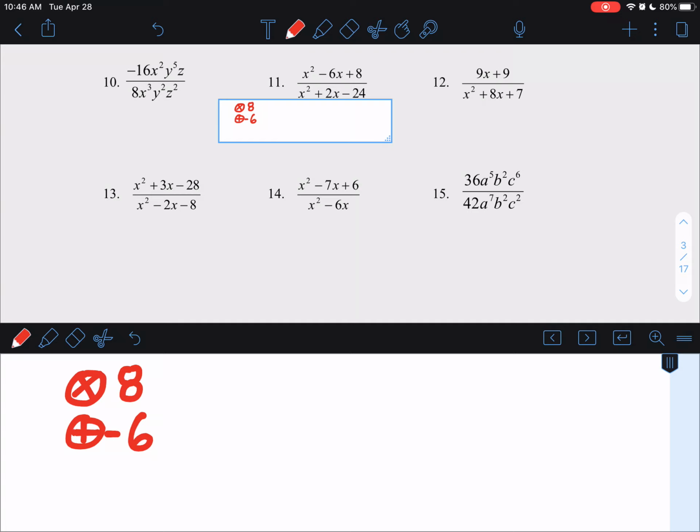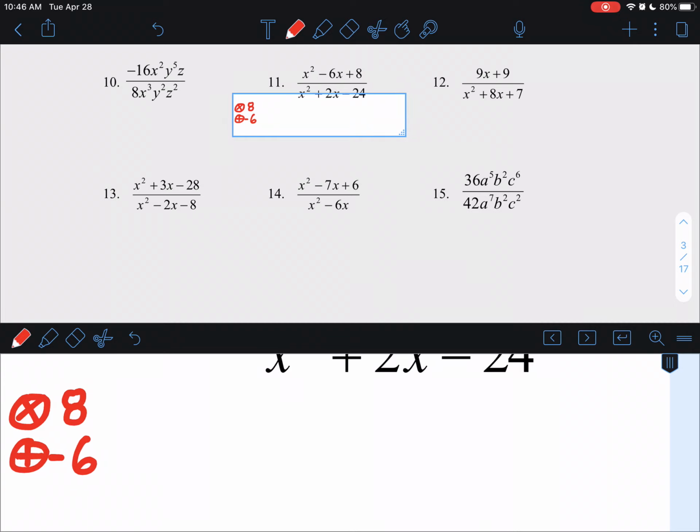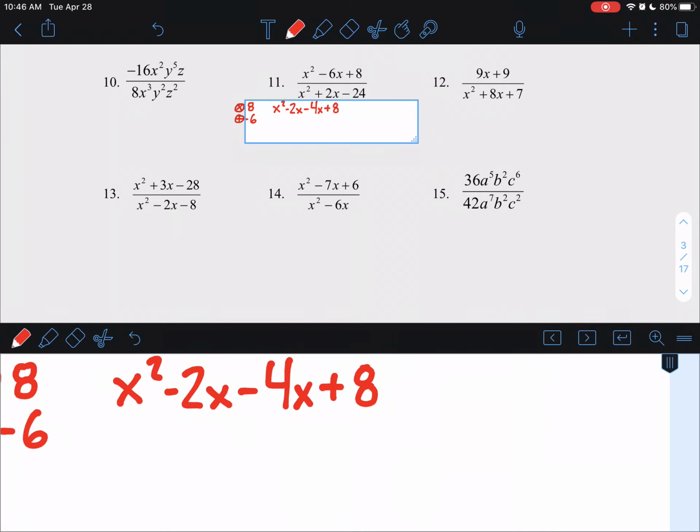That's negative 2 and negative 4. So I got x squared minus 2x minus 4x plus 8 for my numerator.